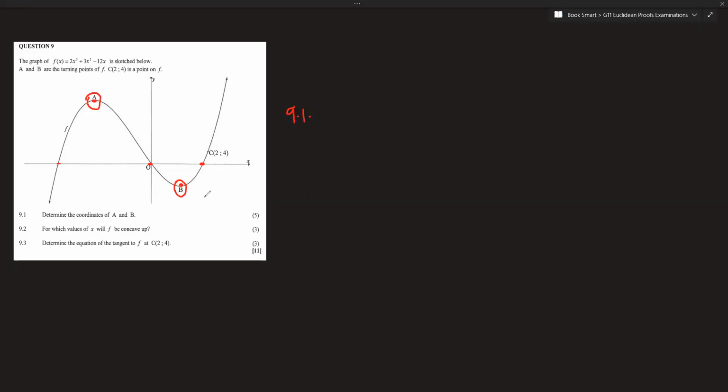They are turning points. Remember what I said. I said on the turning points, you always do derivative equals 0. Because on the turning points, the gradient is 0. So always, when the question asks you to do turning point, minimum, maximum, extreme points, and all that, local minimum, local maximum, you are going to do what?